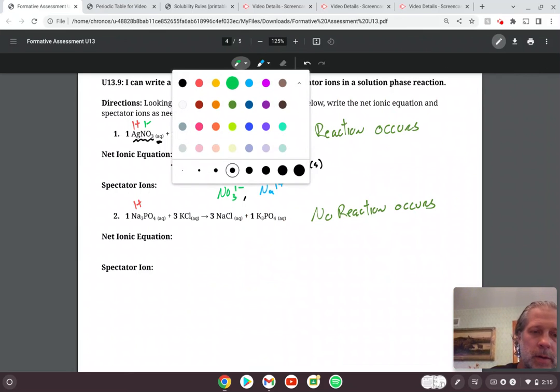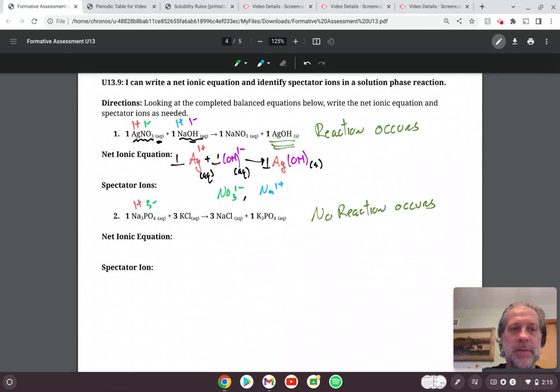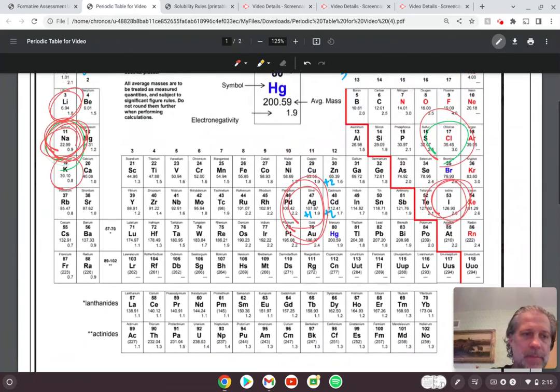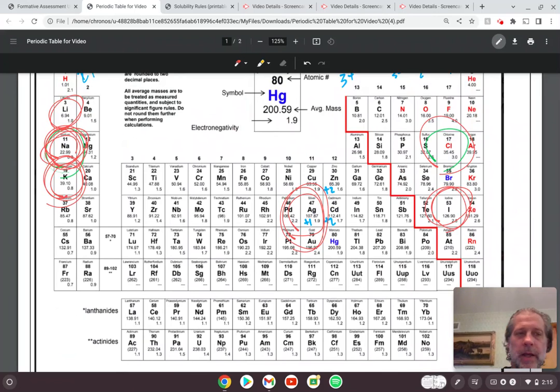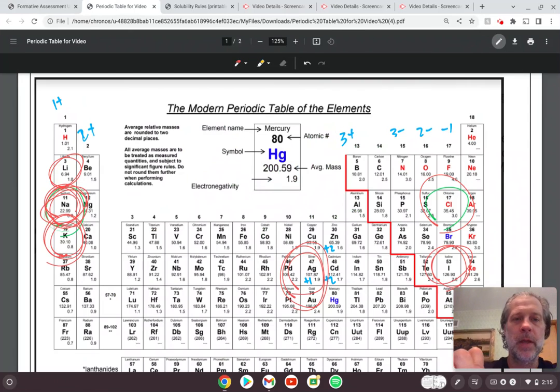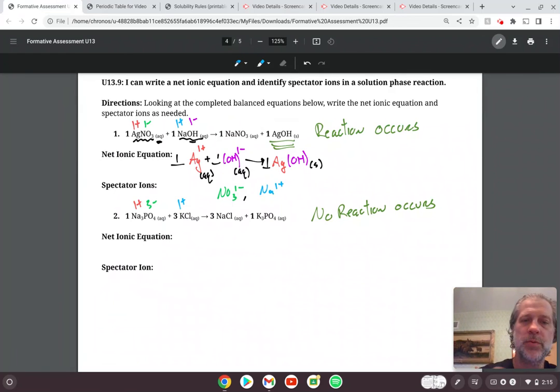Potassium is in the first column. So we're going to go find potassium again. That's right here. That's in the first column, making it a +1. And chlorine is in our 17th column over here, which is making it a -1.